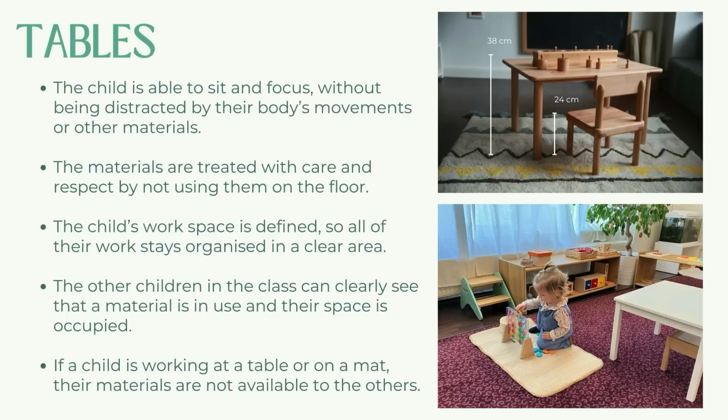And the other children in the class can then see clearly that a material is in use and that a space is being occupied, and so it's not available to them or anyone else. This is how they learn to pay attention to the other children in the group and respect the activities of those other children with this clear visual indicator. If a child is working at a table or a mat, their materials are not available to the others.